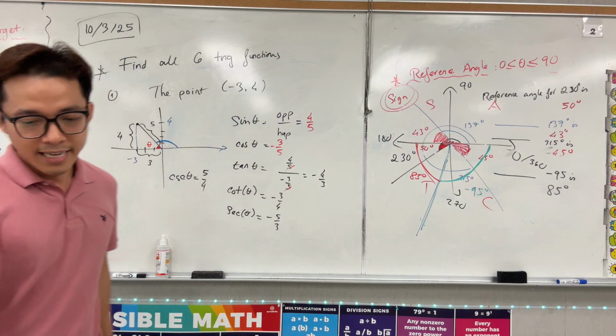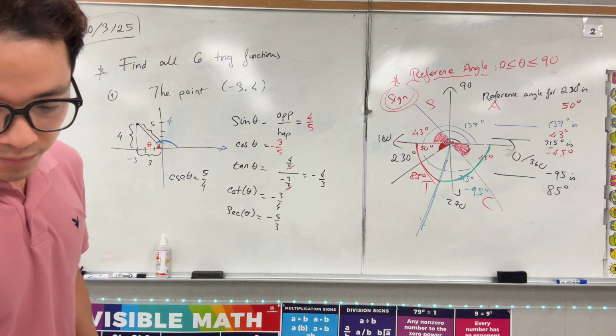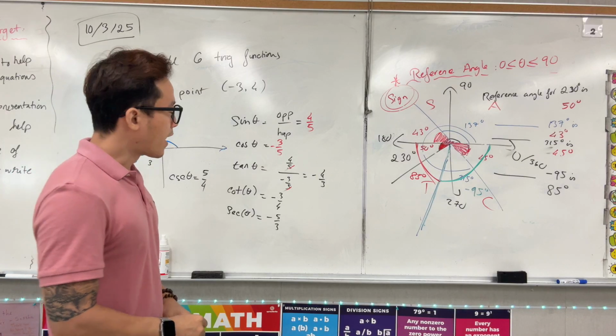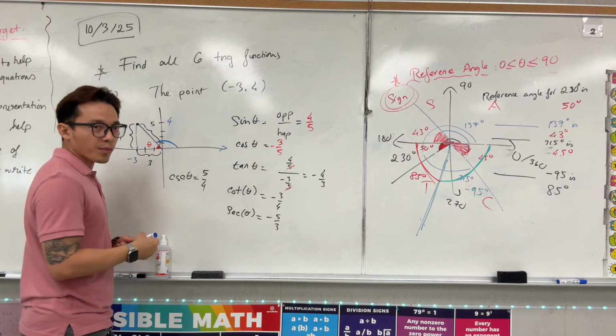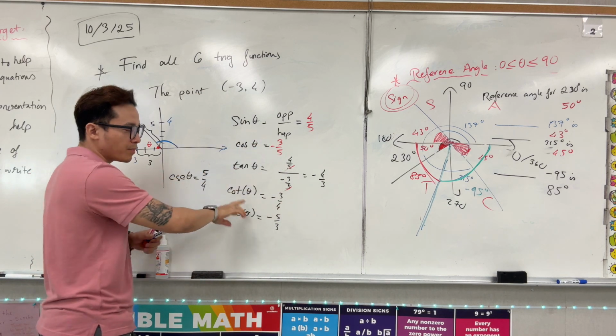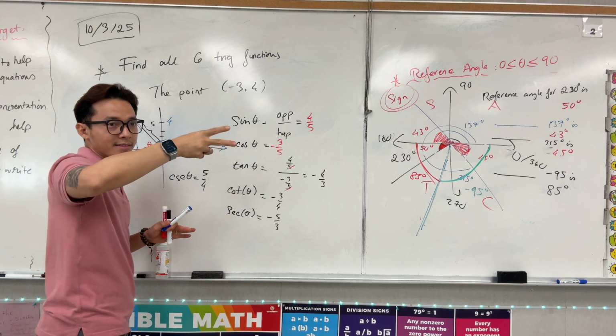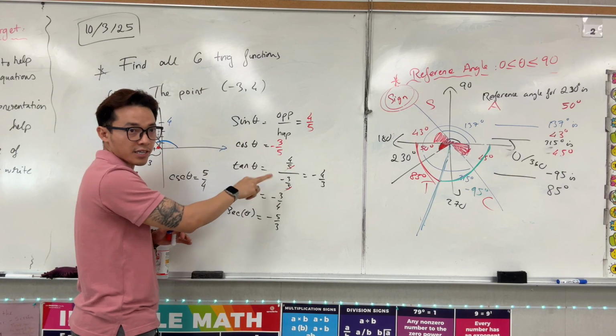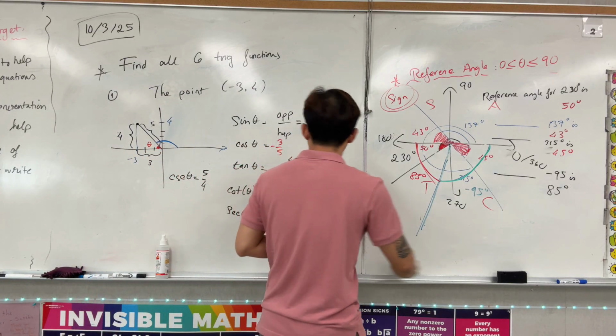It's faster. Otherwise you write 1 over, like the actual formula, and then divide 1 by this whole thing. But remember, 1 over means you flip it. Same thing with cotangent. The cotangent is 1 over tangent, so you flip the tangent. Good question.